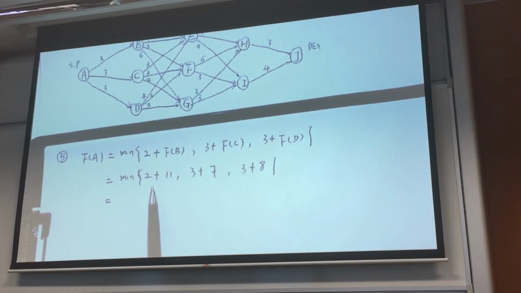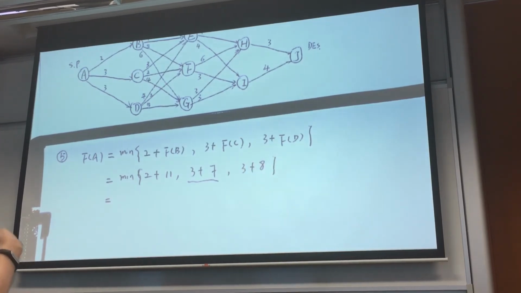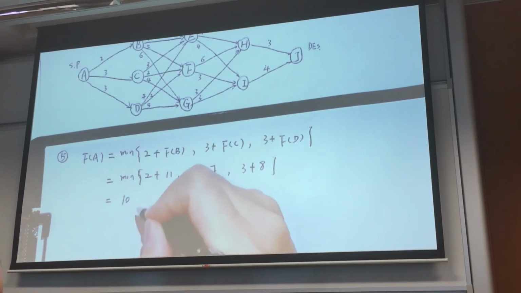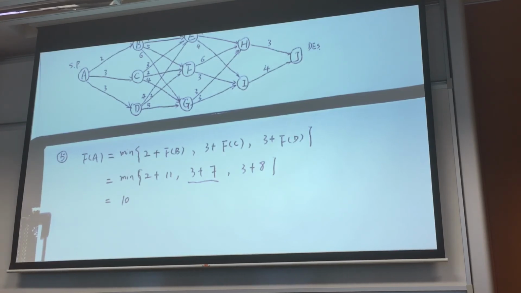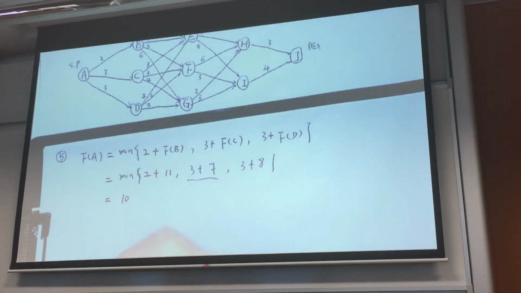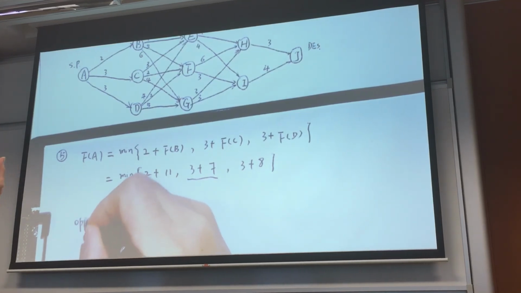So we know the minimal cost given by this one. So it's a 10. So from this we can know the optimal path.